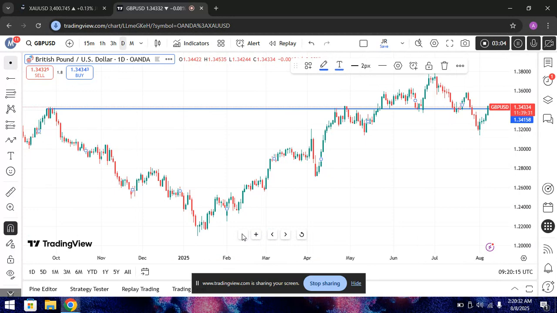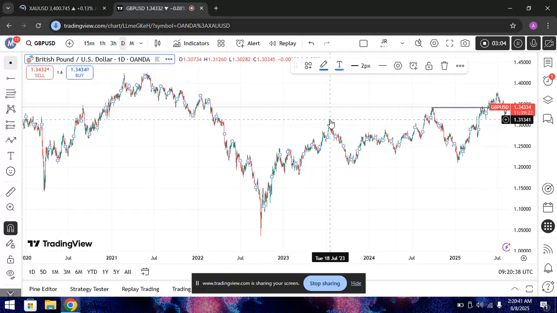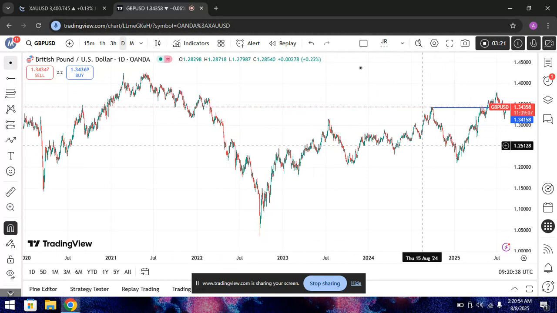So guys, from this structural high, we saw price taking out the structural high and it retraced back down to this level. So what I'm expecting on the current price, after we took out that high, is for price to fall.